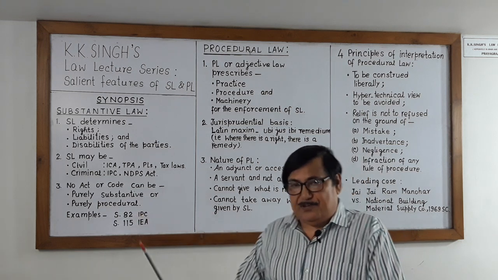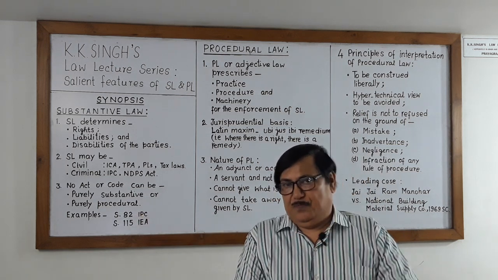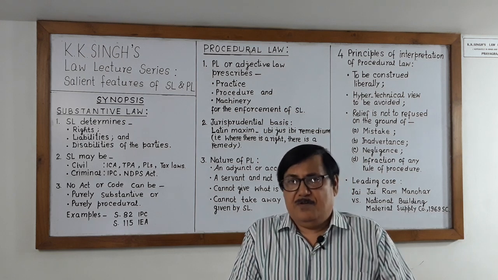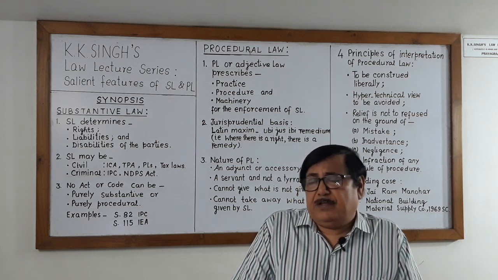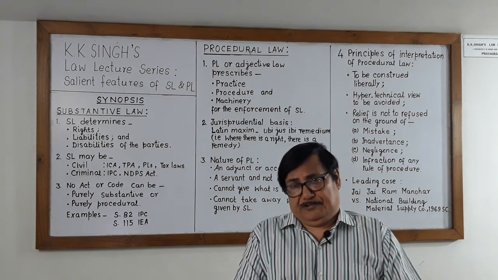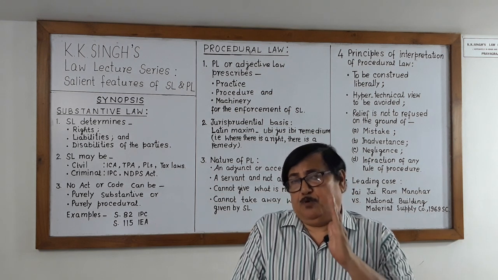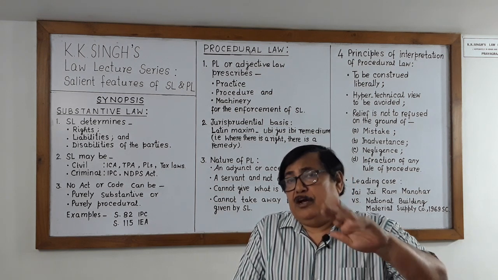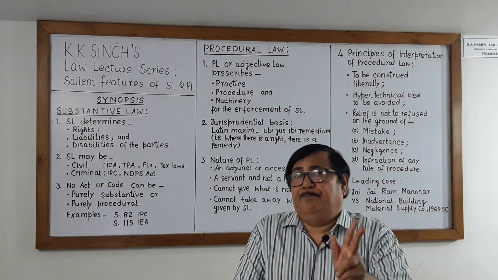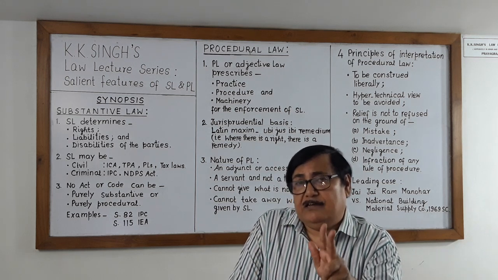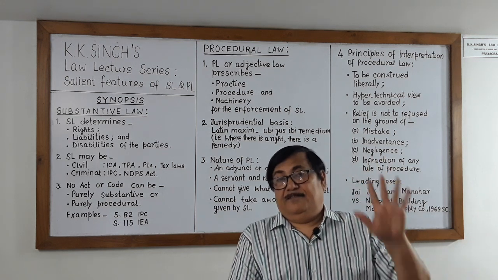Section 82 IPC. IPC is a substantive law, substantive criminal law. But section 82 of the IPC is procedural in nature. It provides for conclusive presumption of incompetence of a child under 7.